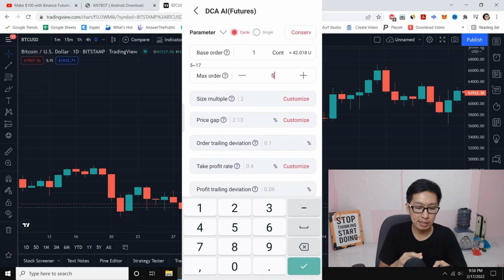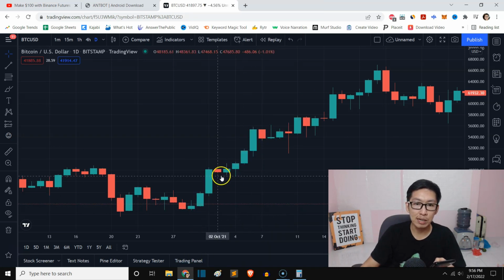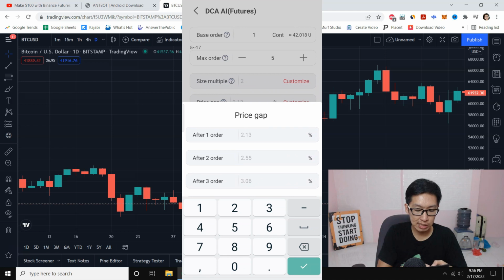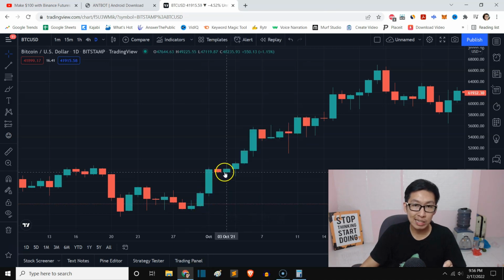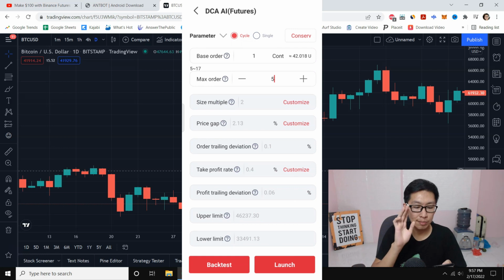And then here there is size multiple. Size multiple is basically for when you do averaging. Let's say you go short, but the market goes up. You can see the price gap is 2.13%, right? If you press customize, you can see the price gap order. Look at this. It means when it goes up against your position by 2.13%, it will multiply by 2.